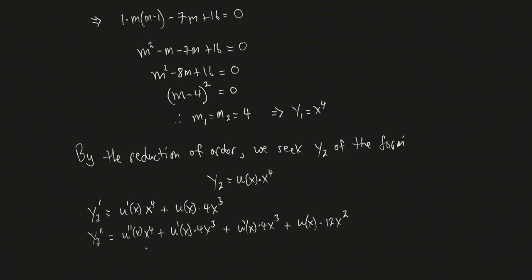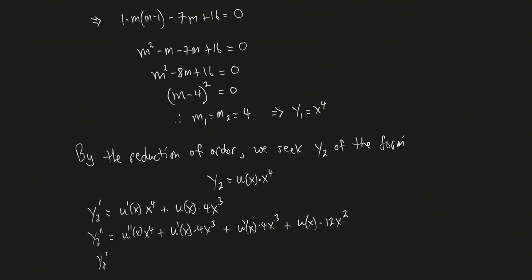Now, with the second derivative, we can do a little bit of simplification, because here we have, again, think of the 4 being in front, and it's the exact same expression here. So you basically have 4 times u prime x cubed plus another 4 u prime times x cubed.